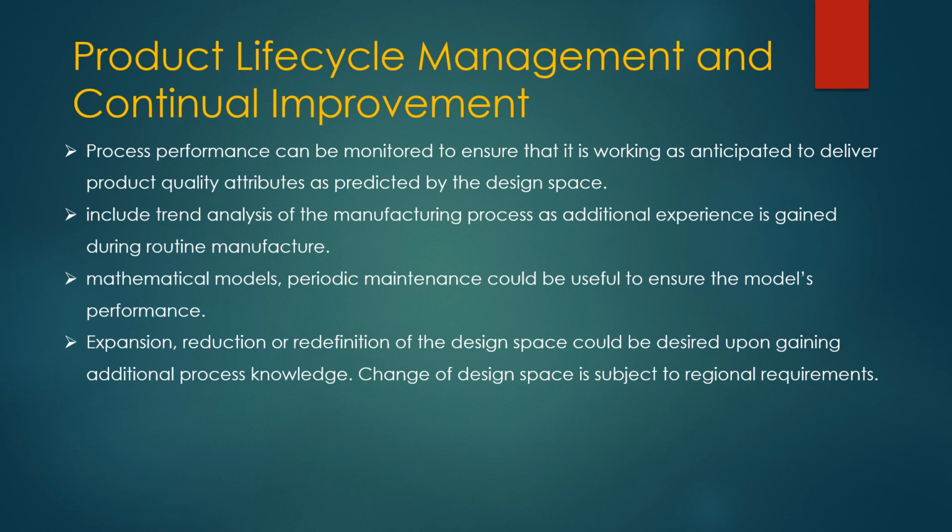This includes trend analysis of the manufacturing process as additional experience is gained during routine manufacturing. Mathematical models may need periodic maintenance to ensure the model's performance. The expansion, reduction, or redefinition of the design space could be desired upon gaining additional process knowledge. Change of design space is subject to regional requirements.